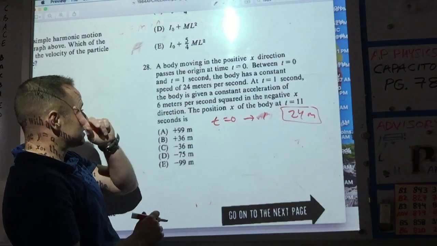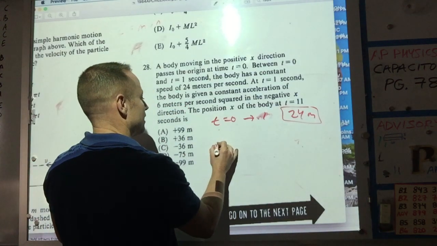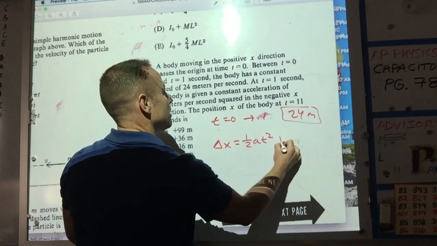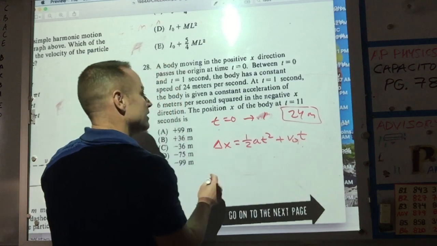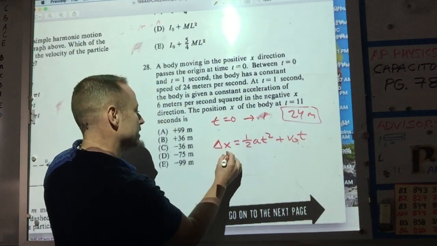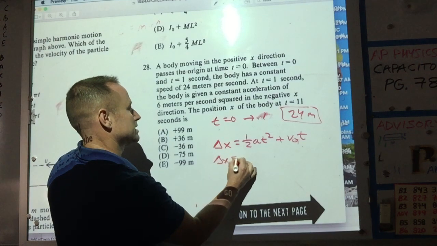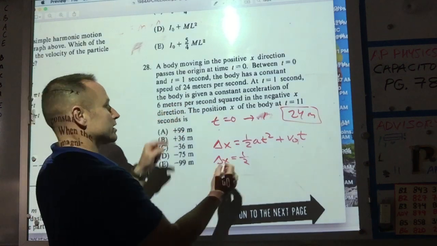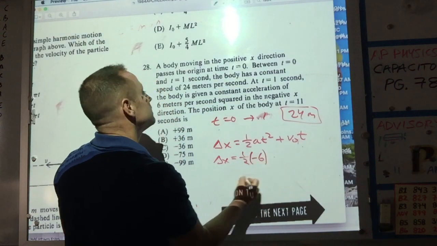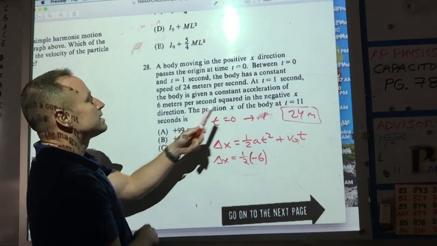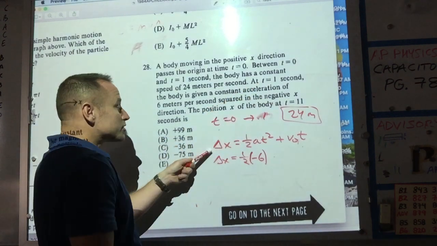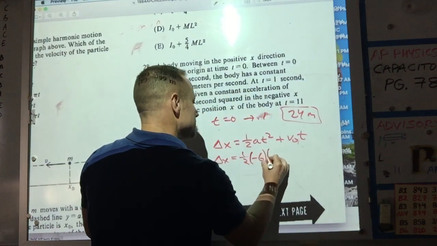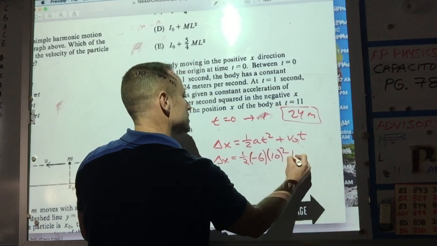Oh boy, so let's do this. We can say our delta x is 1/2 a t squared plus v initial t. So delta x is going to be 1/2 of the acceleration, which is in the negative x direction, so half of -6, times, now how long do we do this? t equals 11, but this interval starts at t equals 1 and goes to t equals 11, so we just use 10 seconds. So 10 squared, plus what was our v initial?